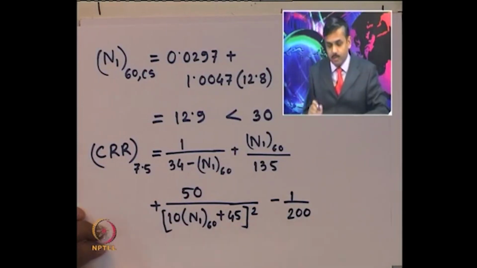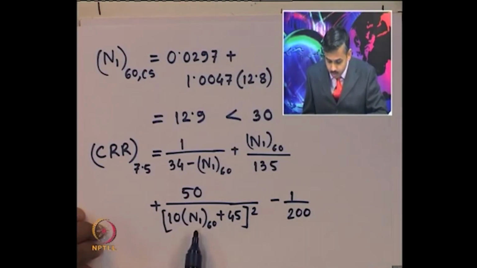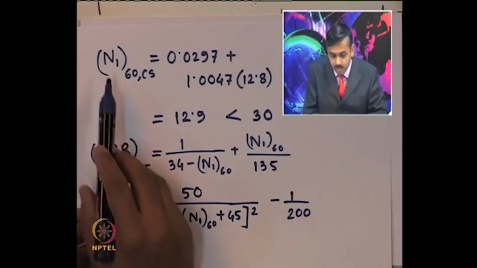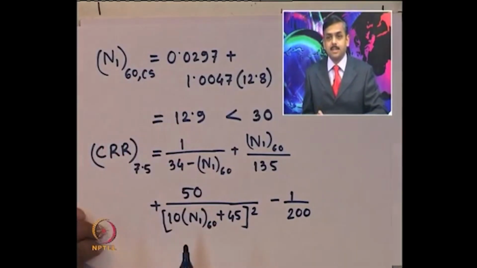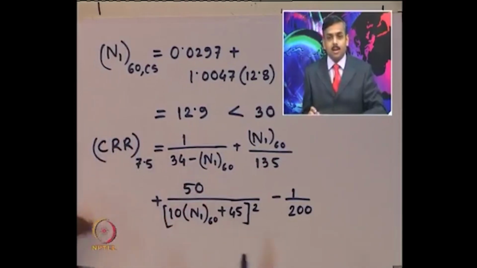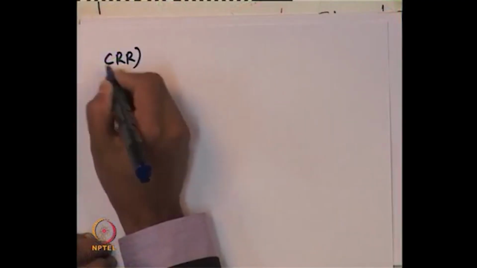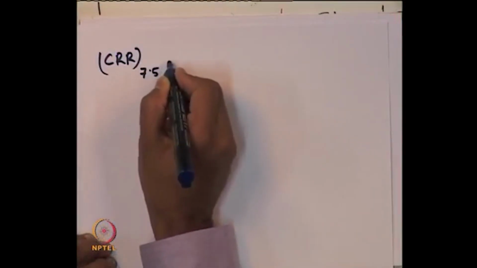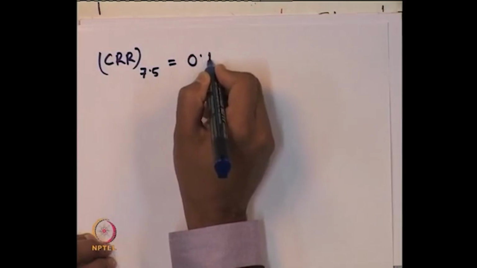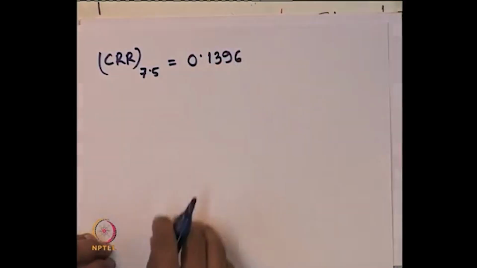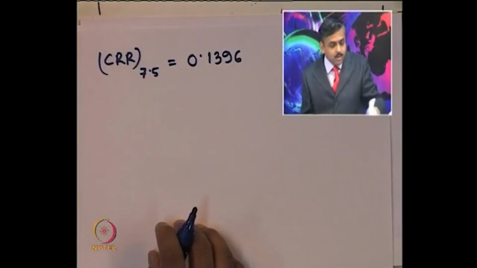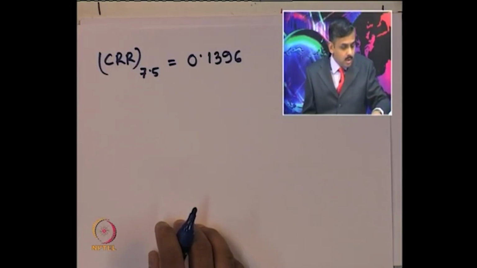That is the expression for CRR. Here we need to use in this N160 the value of N160 CS, because that is the clean sand condition value. If we put that value over here, what we will get? Let us see. So, the CRR 7.5 comes out to be 0.1396.